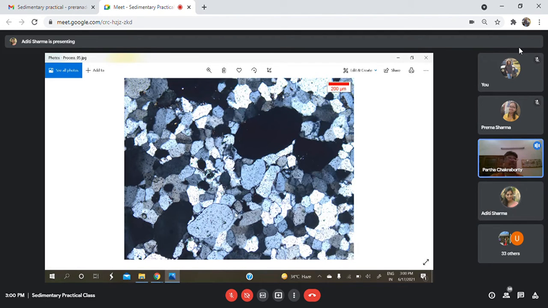It is a grain supported rock, with long, point and line contacts, all sorts of contacts. As Aditi rightly mentioned, there is a larger mode and a smaller mode. Larger mode grains are much more rounded compared to the smaller mode, isn't it?